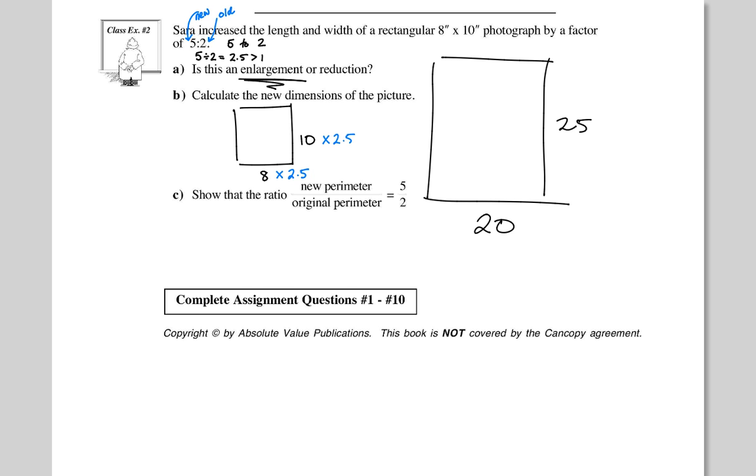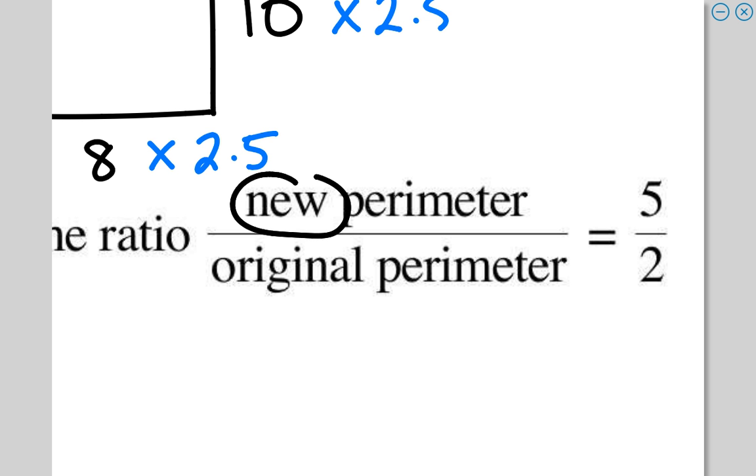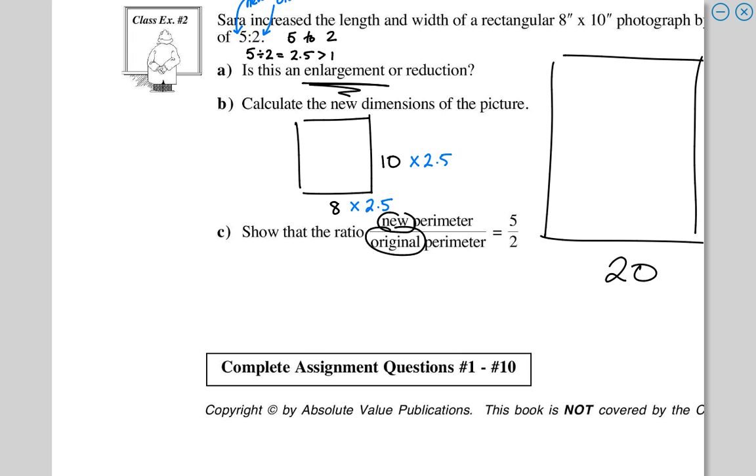All right, so for the last one, it says show that the ratio 5 to 2 also works for the perimeter. Look at their terminology as well: new versus old. Perimeter, you just add up the sides. 10 plus 10 plus 8 plus 8, 20 plus 16, 36.